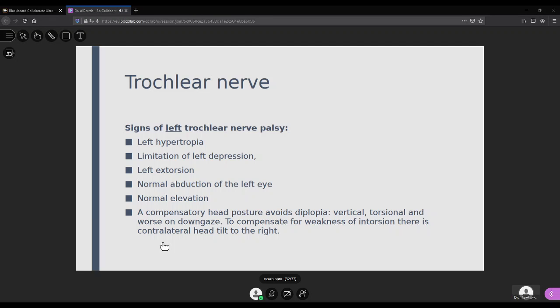This point is very important. Compensatory head posture to avoid diplopia, double vision, vertical, torsional, and worse on down gaze. To compensate for weakness of intorsion, there is contralateral head tilt to the right. So left hypertropia.